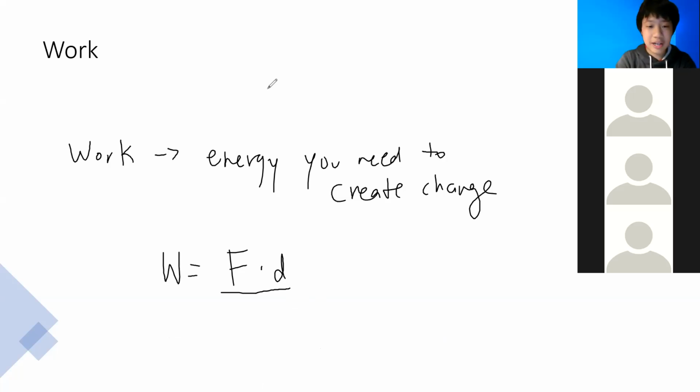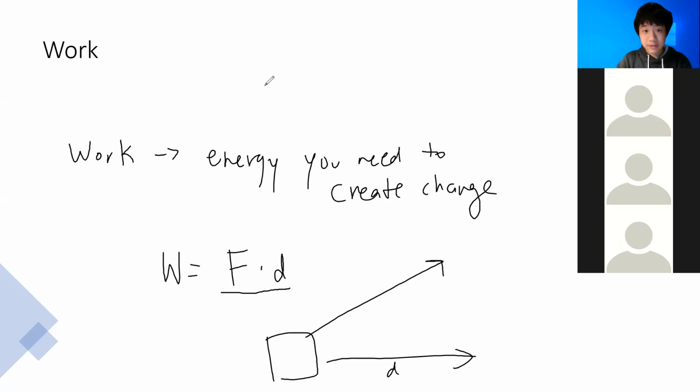And this definition is not actually perfect, because if you were to push a box at an angle, but the box still moves in a horizontal direction, then technically the y component of force hasn't done any work on the box, because in terms of the y direction, the box is not moving up or down, right? So in terms of the y direction, no work is being done. So in this case, we only care about the forces that are acting in parallel with the box's movement.